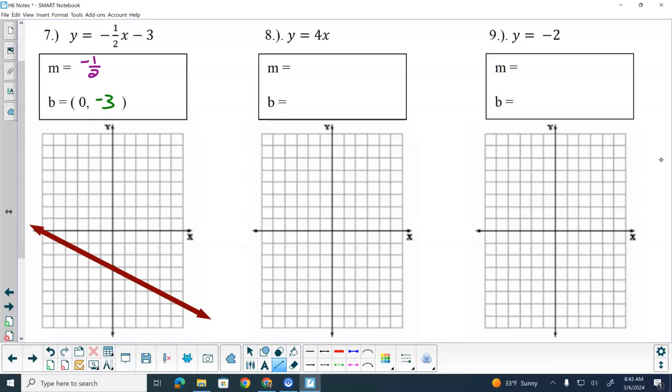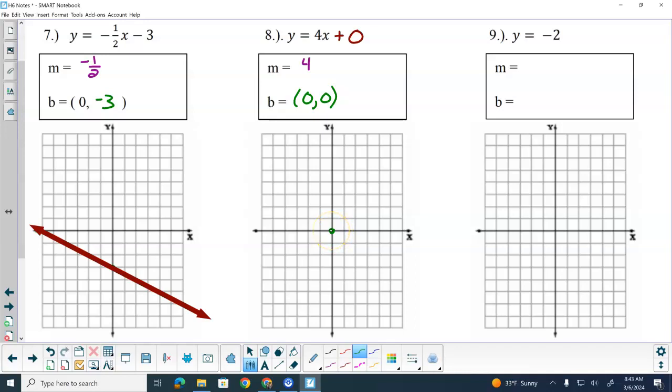These two. This is really y equals 4x plus 0, right? Because adding 0 doesn't change my value at all. So that tells me that my slope then is 4, and my y-intercept is 0, 0, which is right smack dab in the middle.